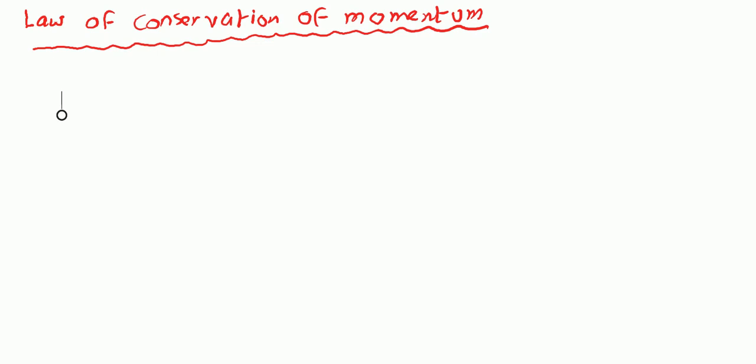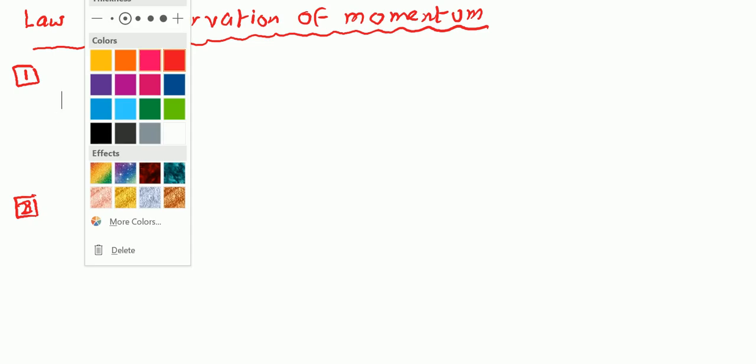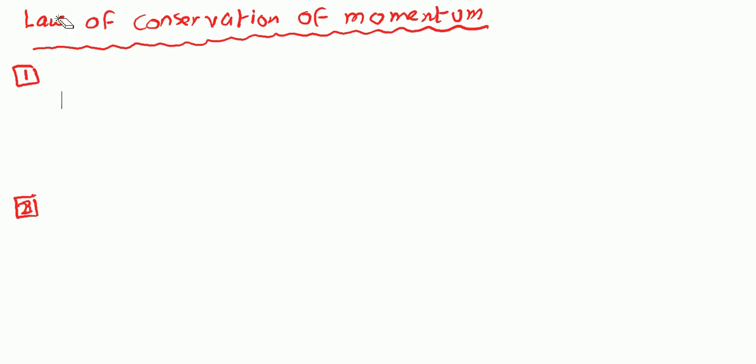Let's remember that we have three main cases. We can summarize these three main cases as follows. Number one, if the two objects collide and separate.